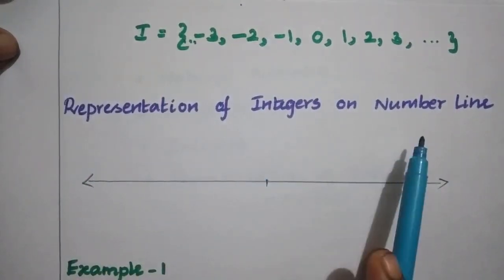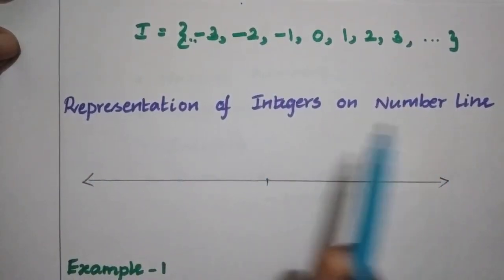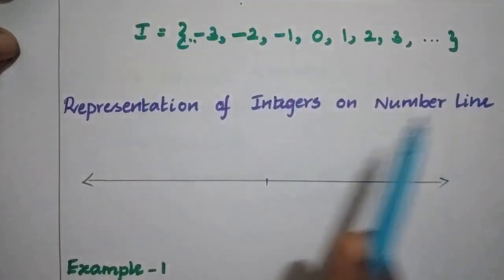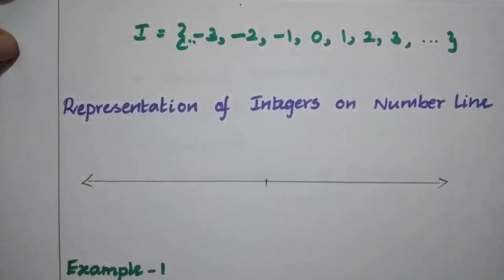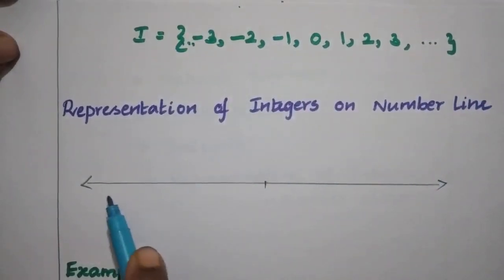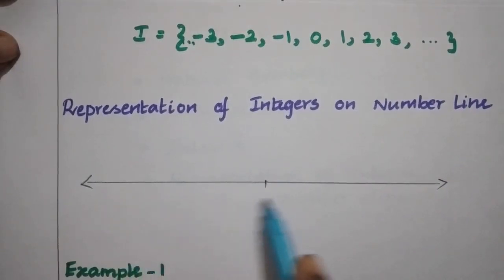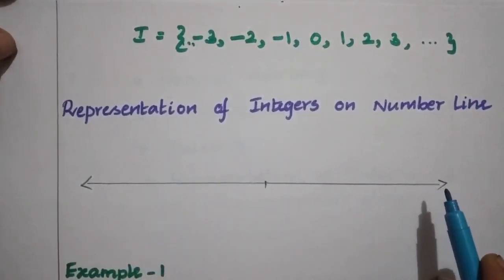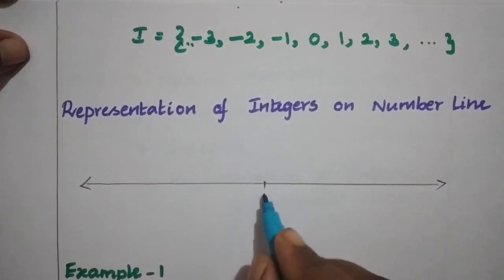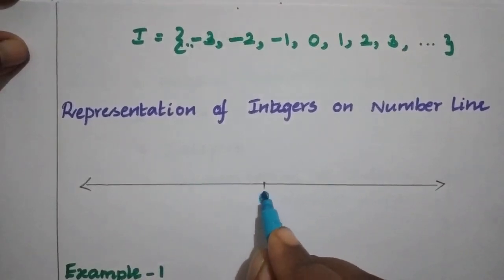Representation of integers on a number line. How do we represent these integers on a number line? First, we have to draw a line like this. Mark 0 at the center.